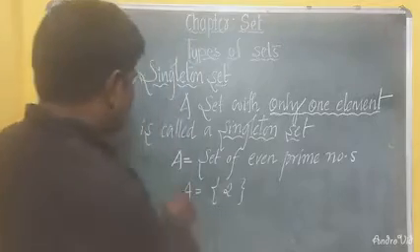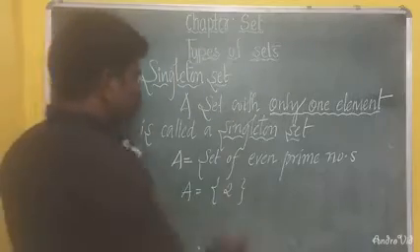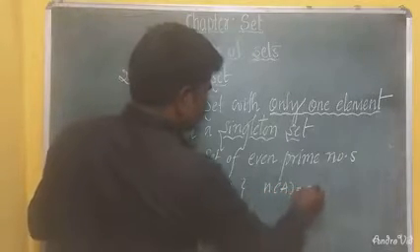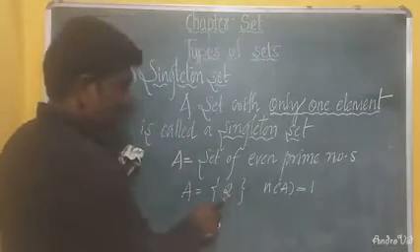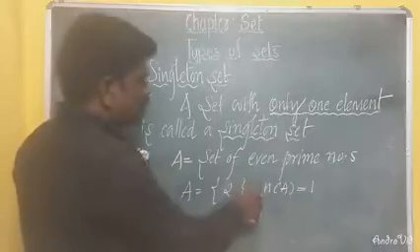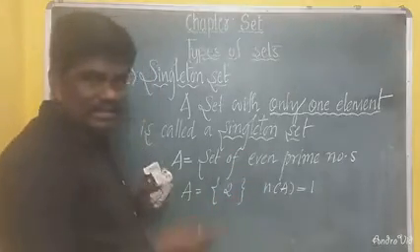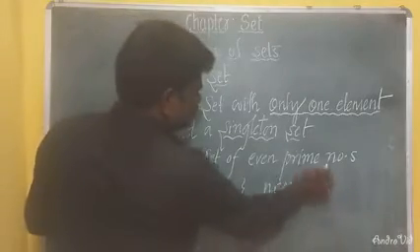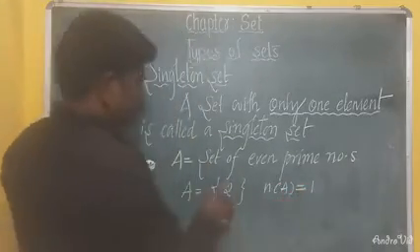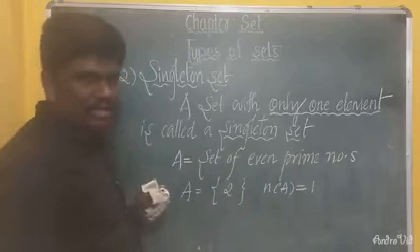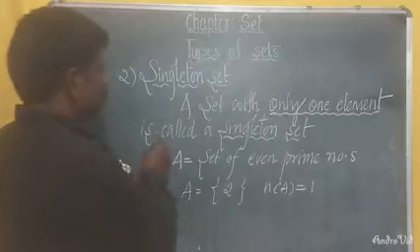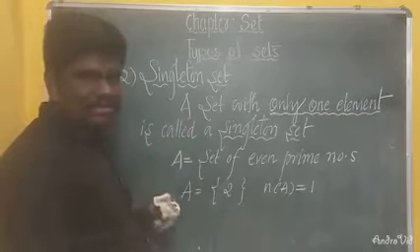The cardinality of this Singleton set, that is n of A, is equal to 1, because there is only one element in it. So a set with only one element is called a Singleton set.